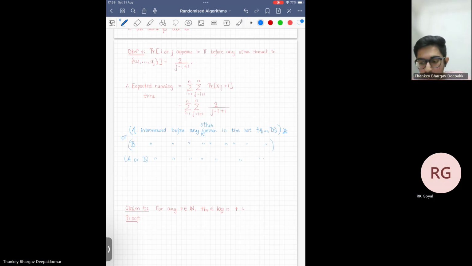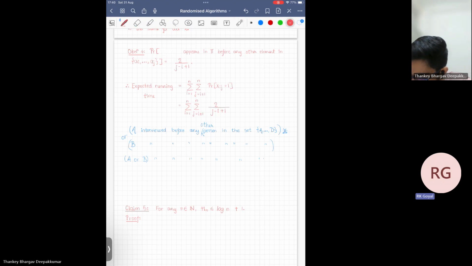Yes, and that's exactly what's happening here. So you should have written here AI or AJ appears in pi before any other elements in this set.